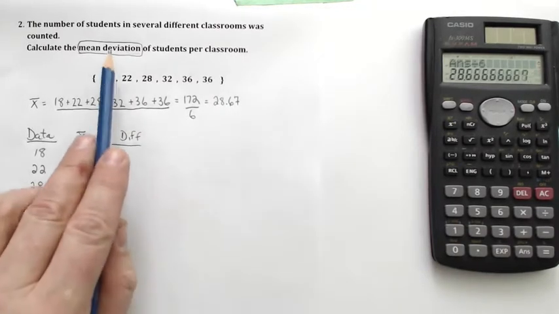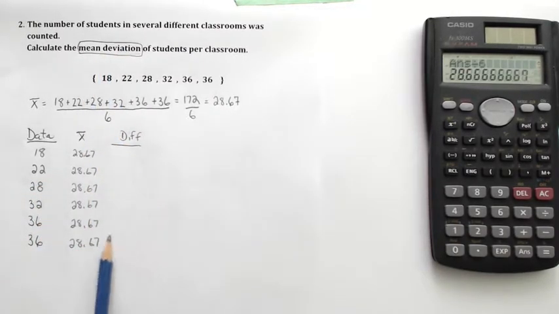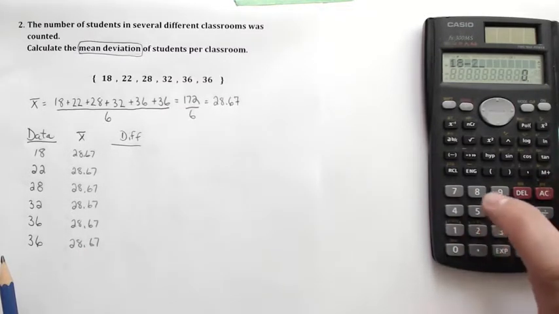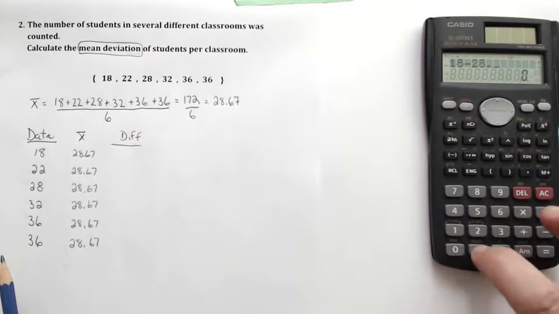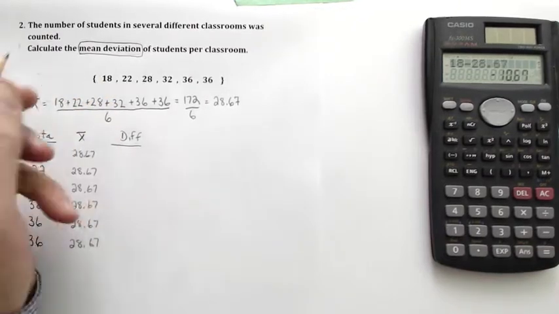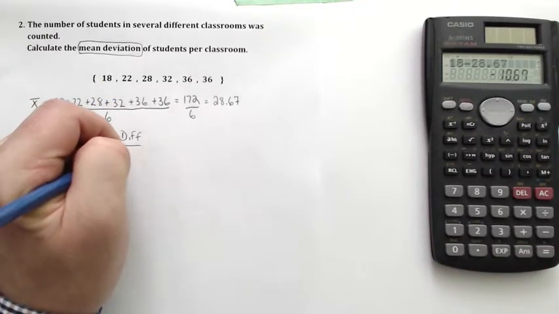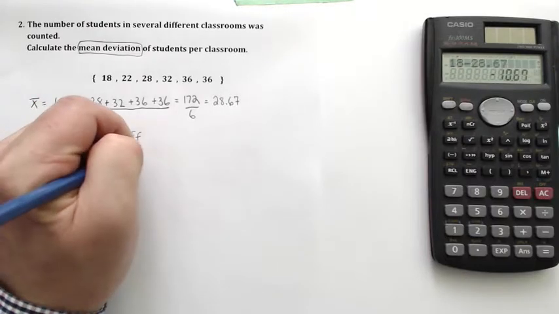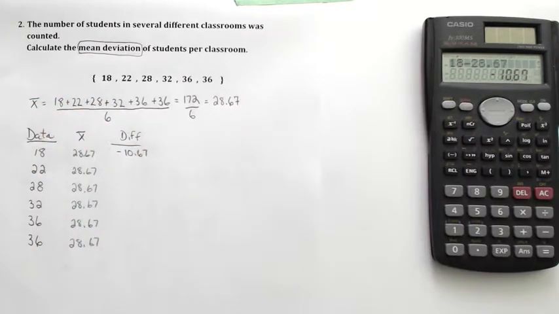Because the next step is to get the differences. Since we're looking for the deviation, we're going to get those differences, how far each one is away from that mean. So that's going to require the use of our calculator a little bit. We're going to go 18 minus 28.67, and that's going to give me negative 10.67.